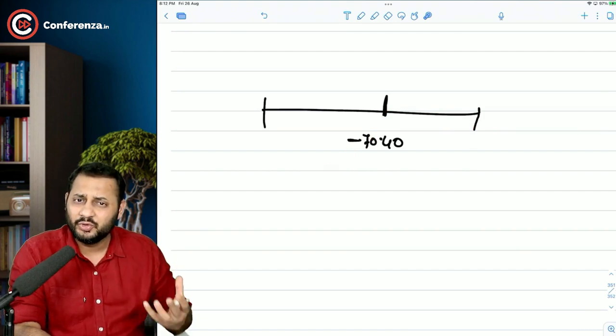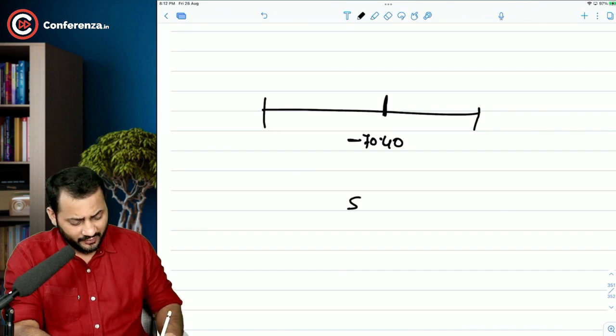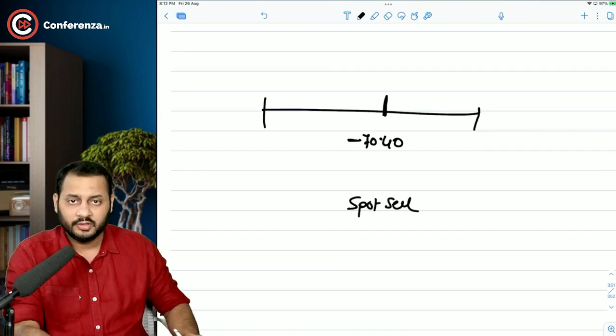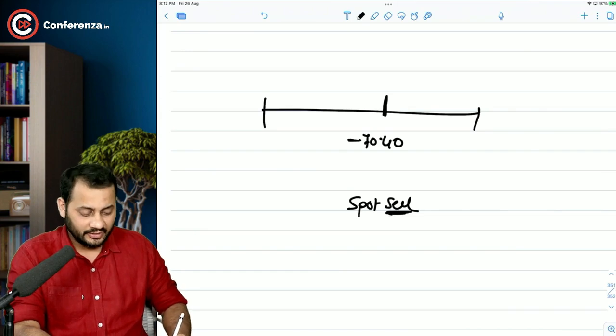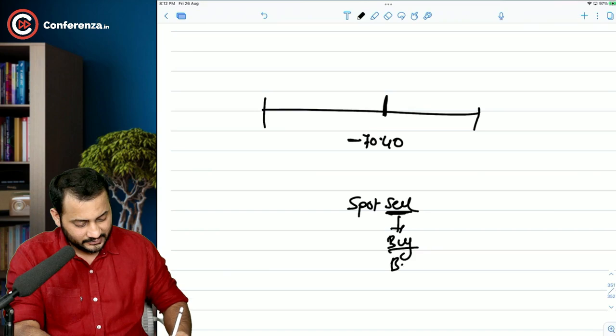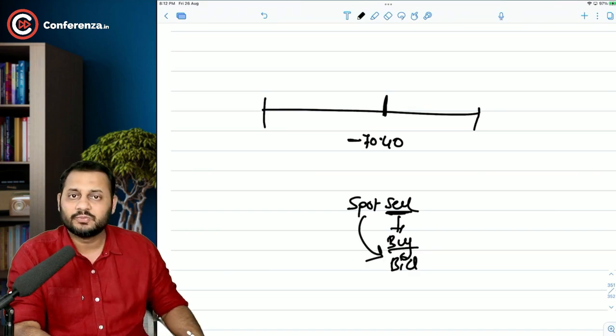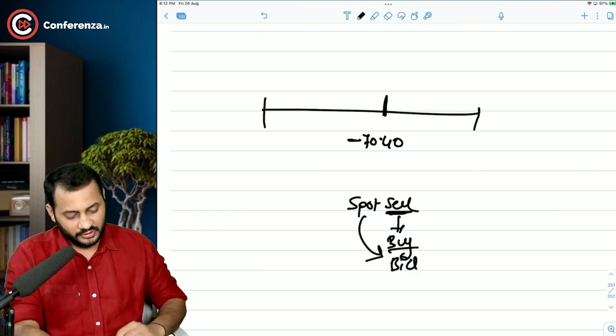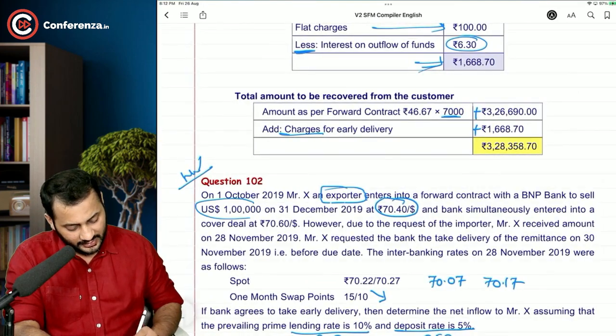What are we going to do with those dollars? We will have to sell them spot. When we sell spot in the interbank market, the other bank will buy, and hence the bid rate is required for spot. All the dollars. How many dollars, sir? $1 lakh.